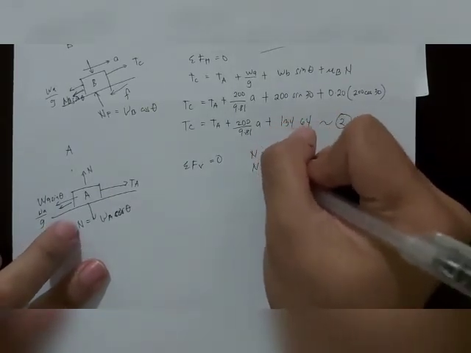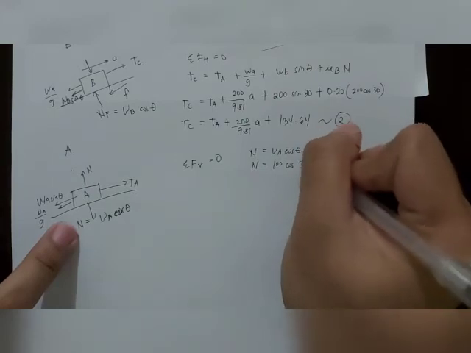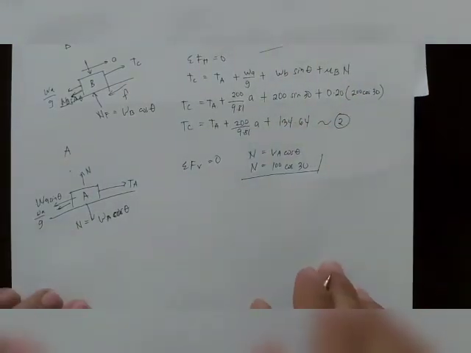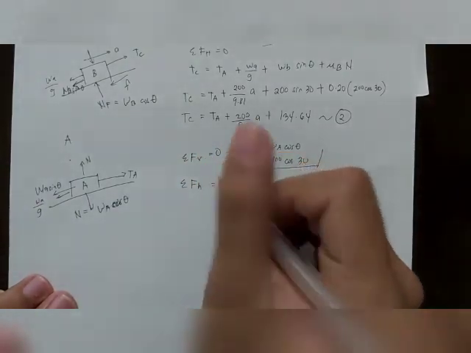So substituting the values, we have W_A is 100 cosine, where the angle is 30. So we have the N value for that. So summation of forces along the horizontal is equal to 0.